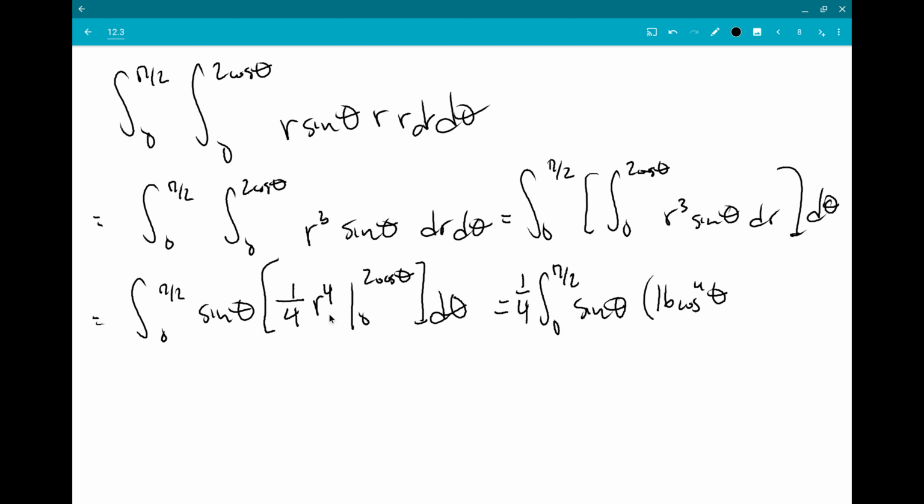2 times 2 is 4. 4 times 4 is 16. Okay. Minus 0 to the fourth is 0. So I'm going to pull out that 16. I've got the integral from 0 to pi over 2, sine theta cosine to the fourth theta d theta.